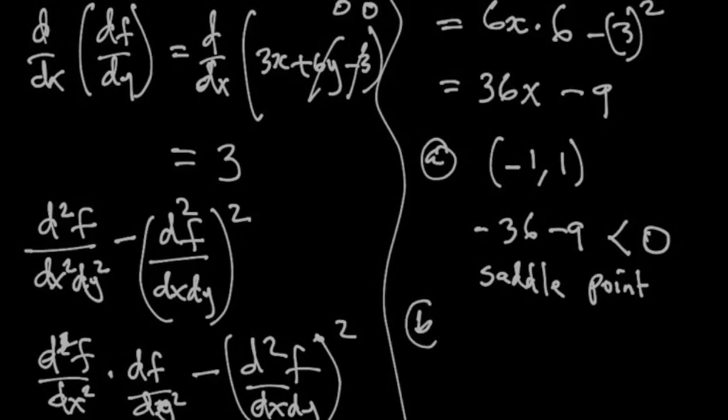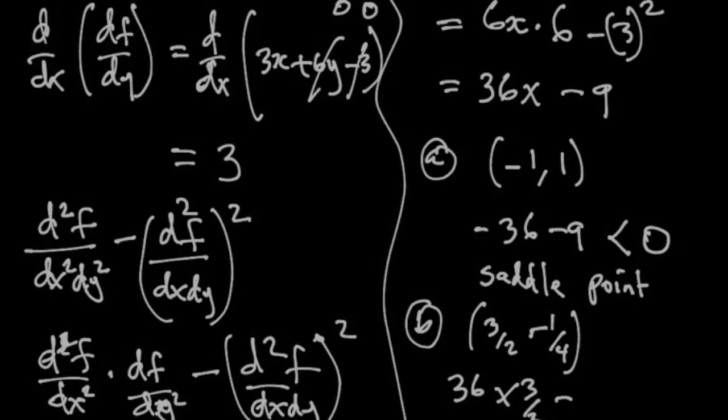For the second point, (3/2, -1/4), plug it in: 36 times 3/2 minus 9. 36 times 3/2 is 54, minus 9 is 45, which is greater than 0. That means this is a local minimum.